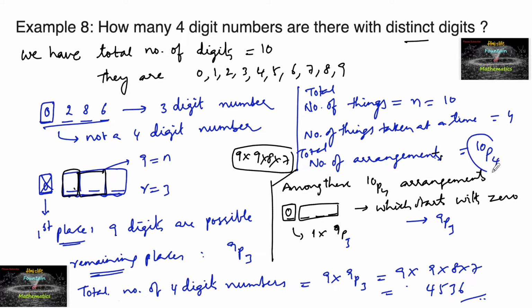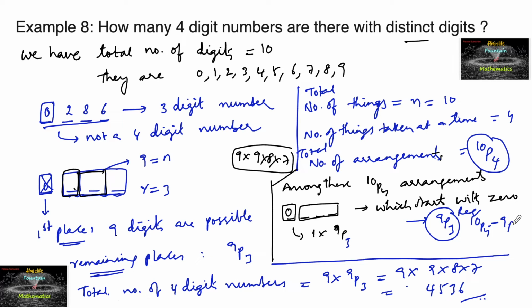So among 10P4 arrangements, 9P3 arrangements should be removed. So the answer is 10P4 minus 9P3. You do it, you will get the answer 4536 only. By using any of the methods you can solve this question, right?